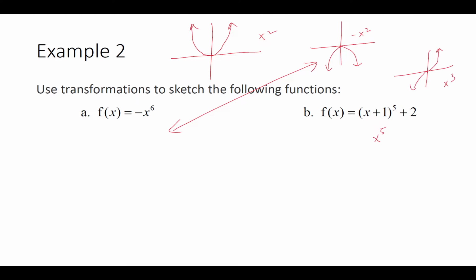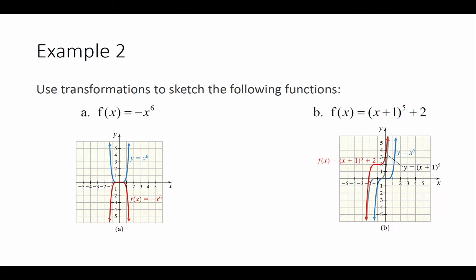And the leading coefficient is positive, so it should be similar to x cubed. So these are the graphs of negative x to the power 6 and x plus 1 to the power 5 plus 2. Look here, they are very similar, but we are using a transformation: shifting left 1 unit and then shifting 2 units up. So the final graph would be this red one.